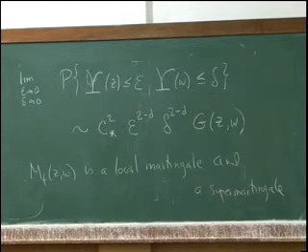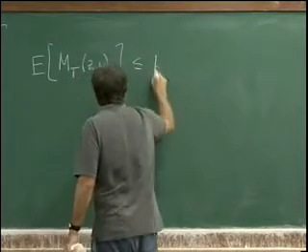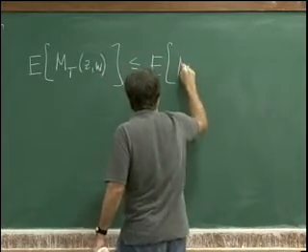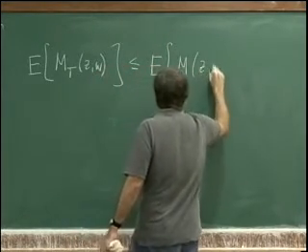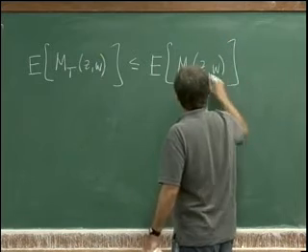So in particular, the expectation of M_t(z,w) is less than or equal to the expectation of M_0(z,w).